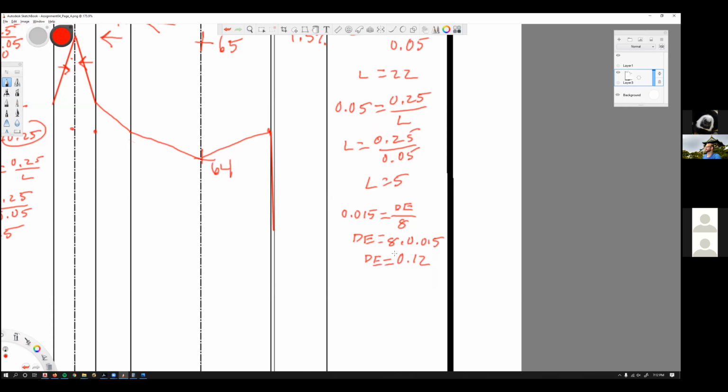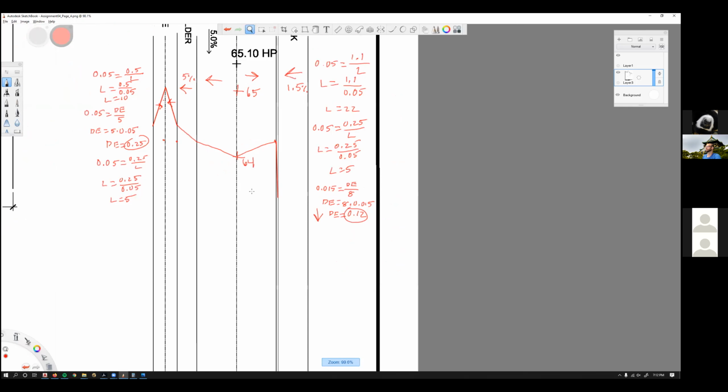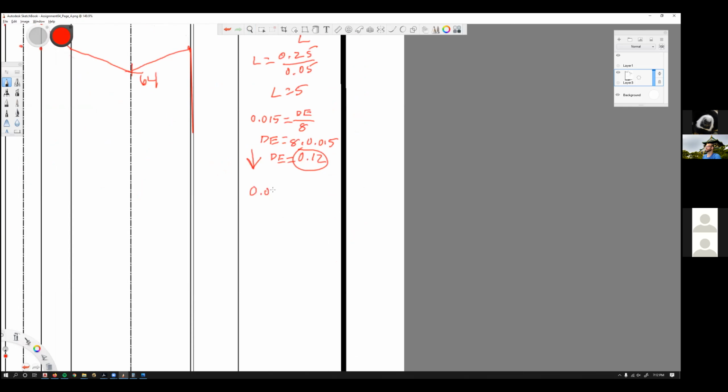So we're going to take this difference in elevation and plug it back into the slope formula using the longitudinal slope of 5%. 0.05 equals 0.12 over L, which is the distance now that this line is going to move down.